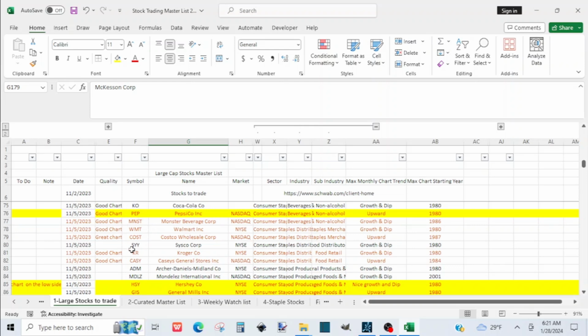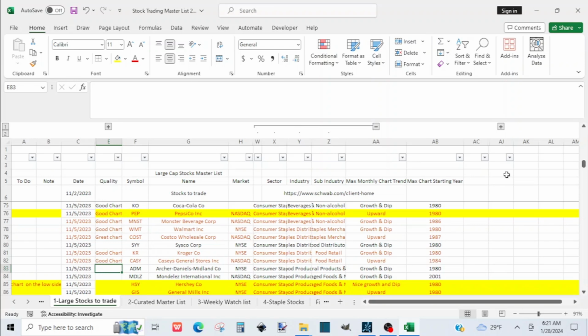And then I have downward trend charts. I eliminate them as well. I eliminate OTC market stocks as well, and that left me with charts that I call good charts, and then charts that are kind of so-so.